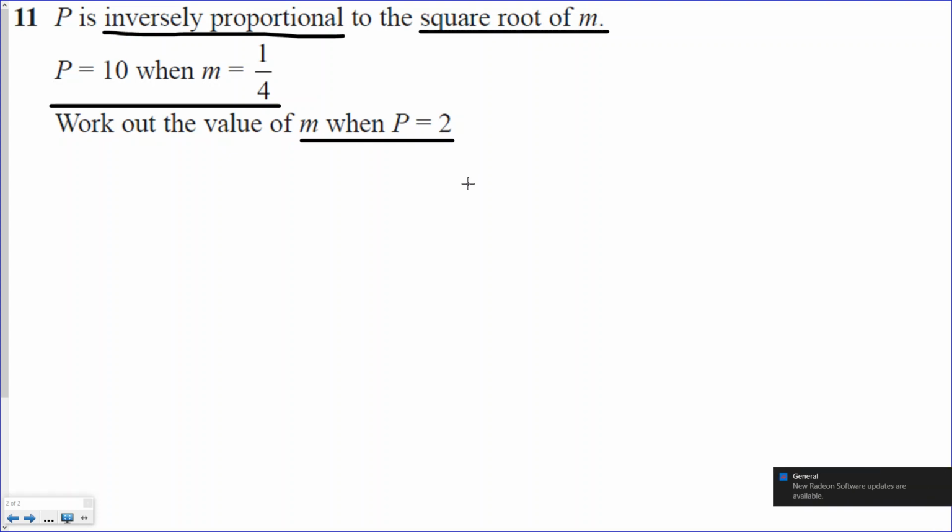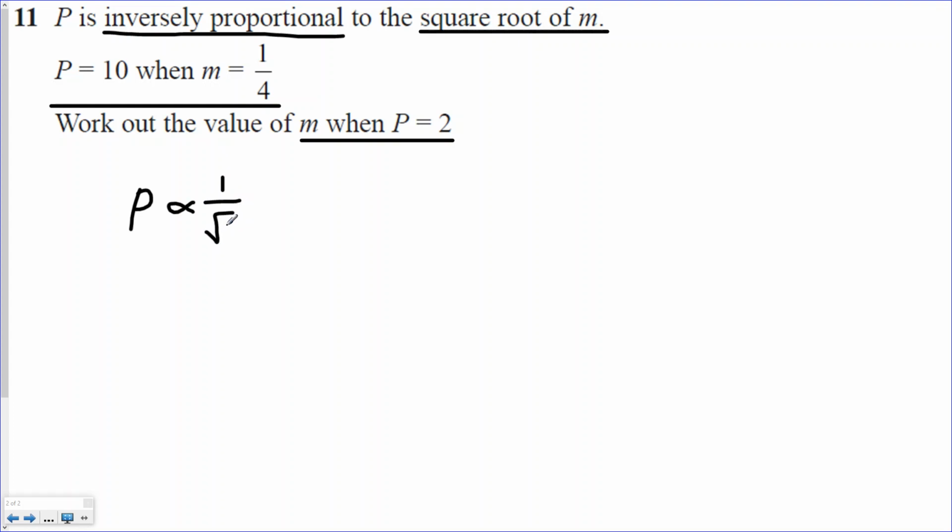Okay, so the first thing we need to do, we need to write this down using mathematical notation. So inverse proportion. So we have p is inversely proportional. So it's going to be 1 over the square root of m.